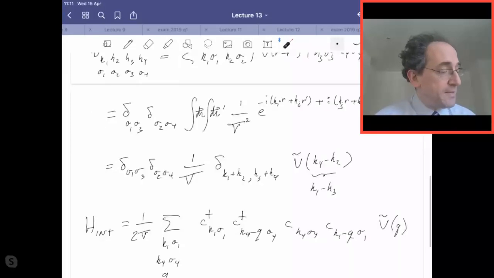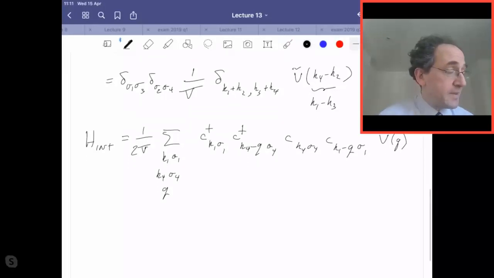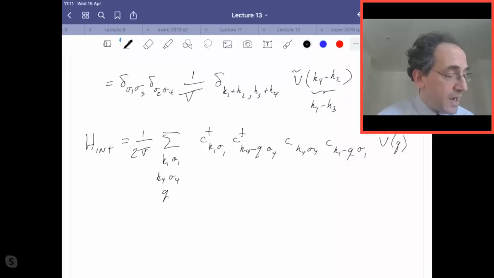Now this form for H int here is equivalent to something else which might be a little bit more obvious.